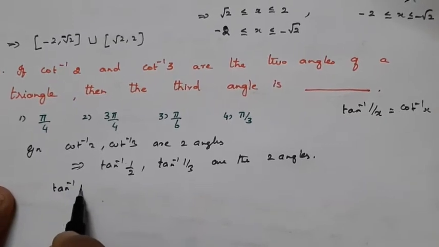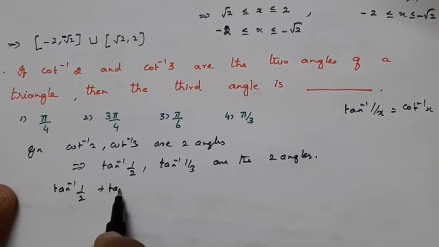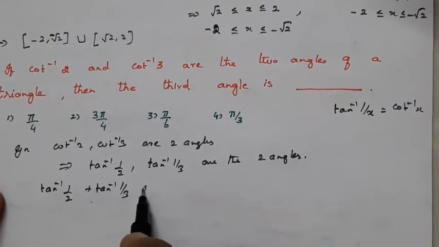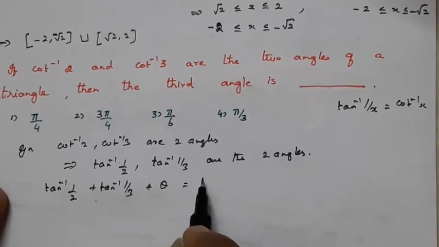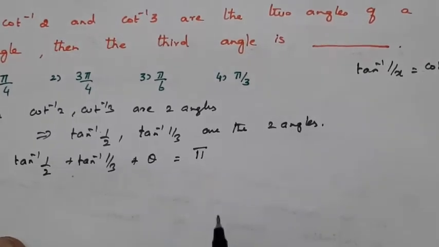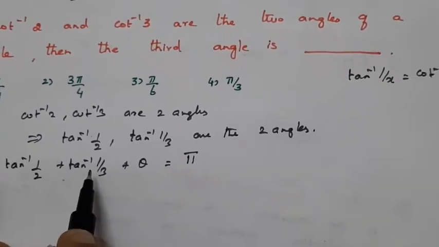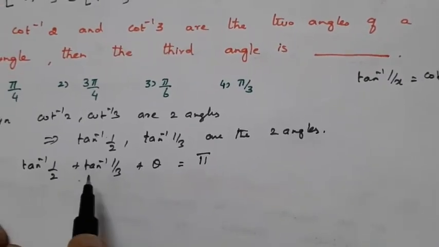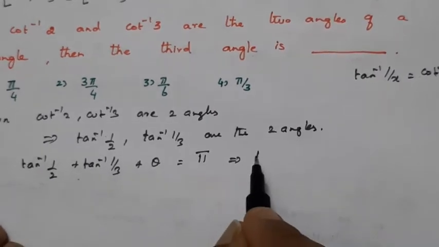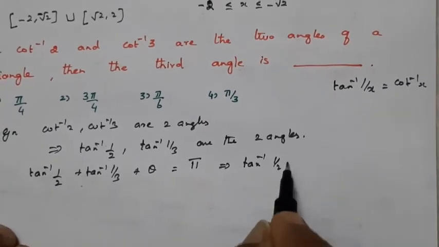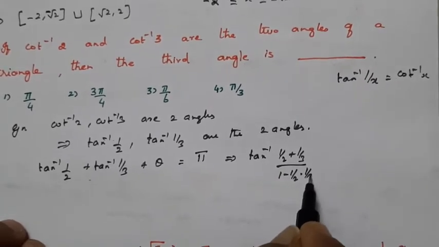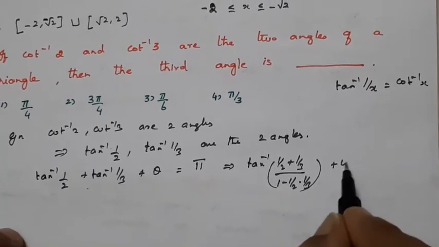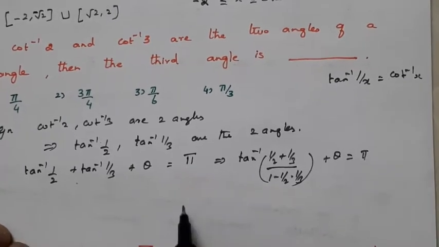Therefore, tan inverse of 1 by 2 plus tan inverse of 1 by 3 plus theta, taking theta to be the third angle, is equal to pi, that is 180 degrees. Substituting the formula, this will be tan inverse of (1 by 2 plus 1 by 3) divided by (1 minus 1 by 2 into 1 by 3), plus theta is equal to pi.